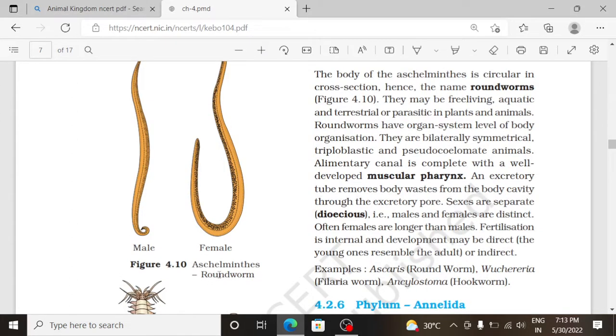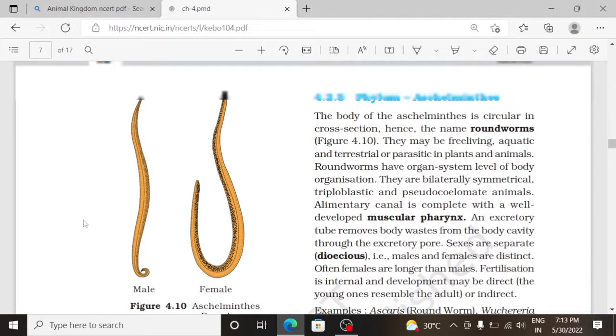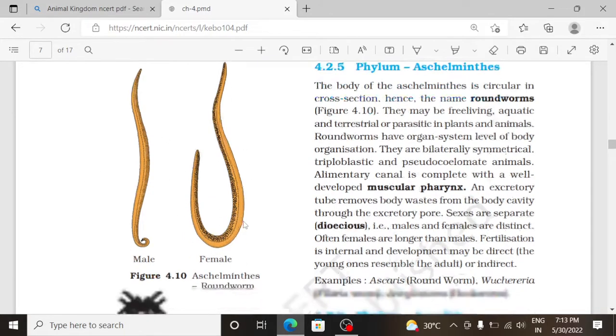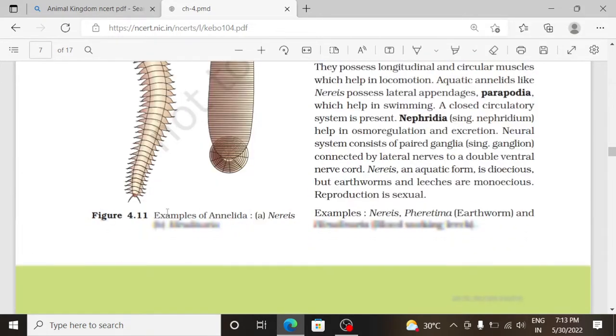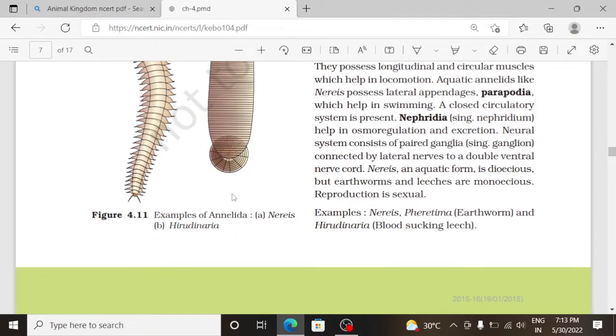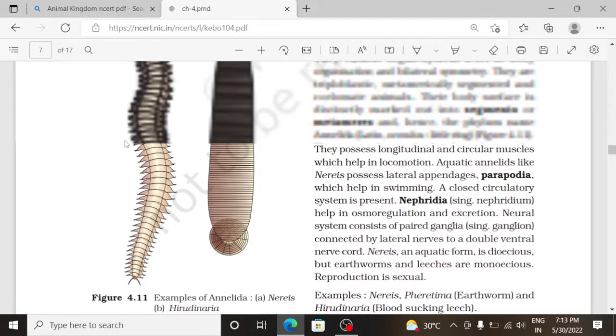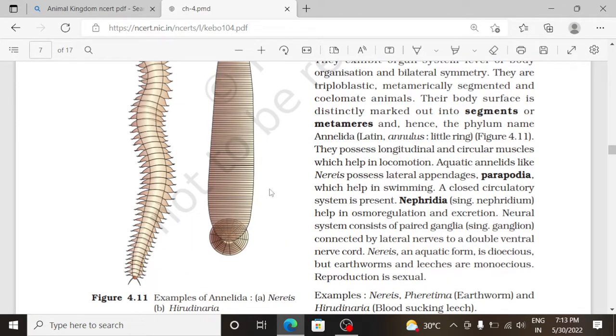And this is the example of Aschelminthes, that is roundworm. The longer one is female and the shorter one is male. And this is the example of Annelida. First is Nereis and second is Hirudinaria.